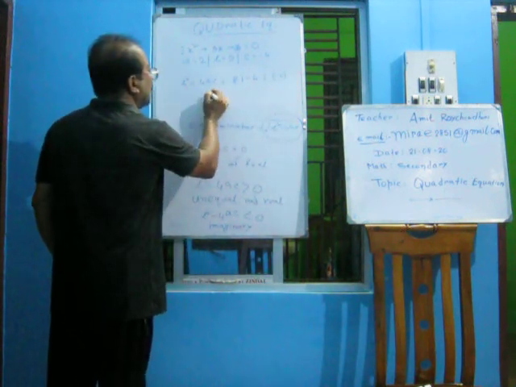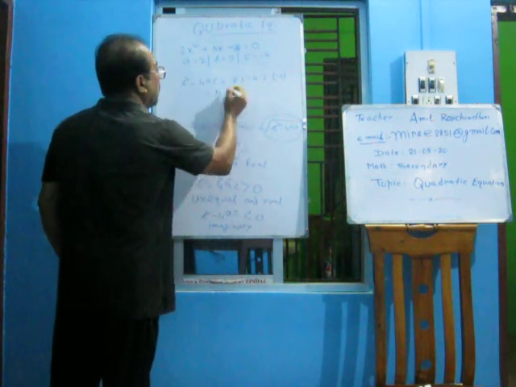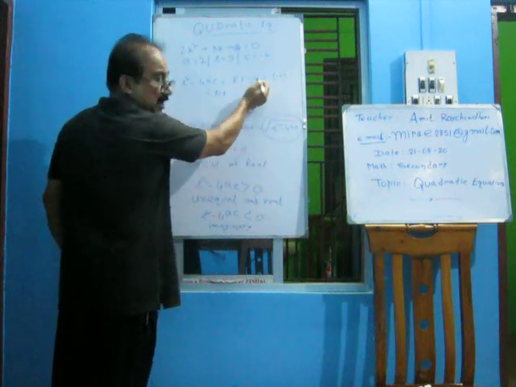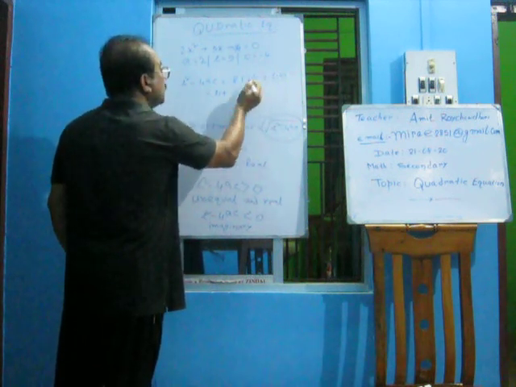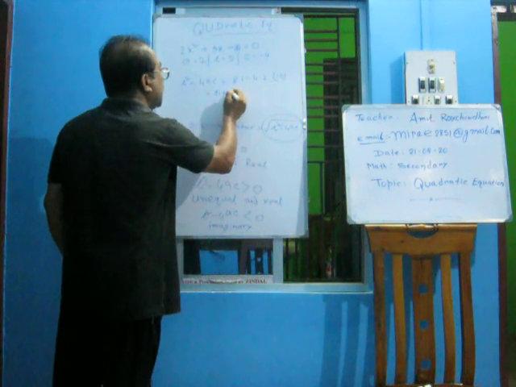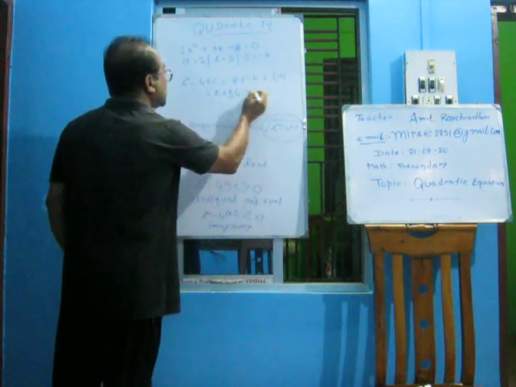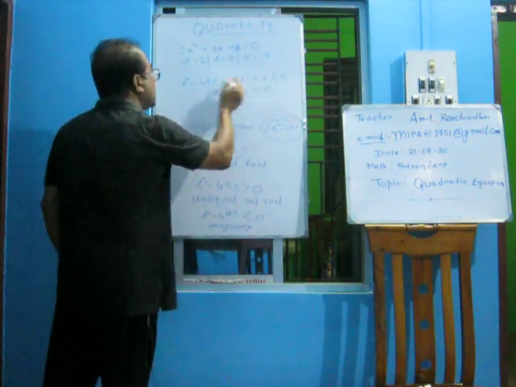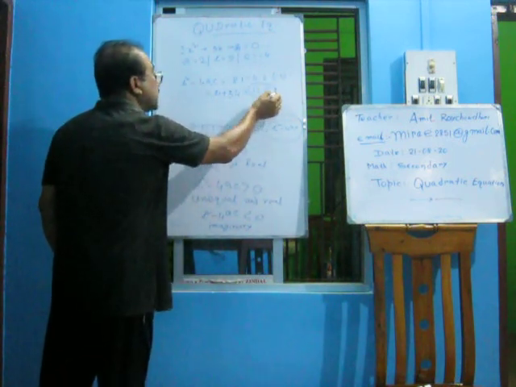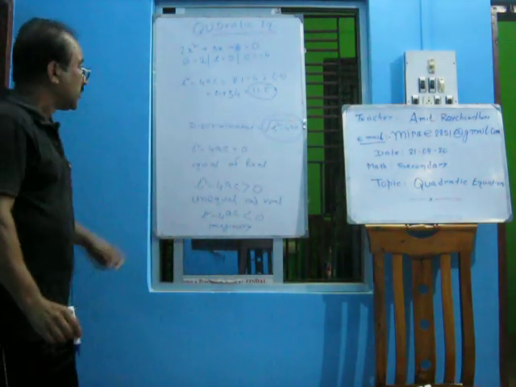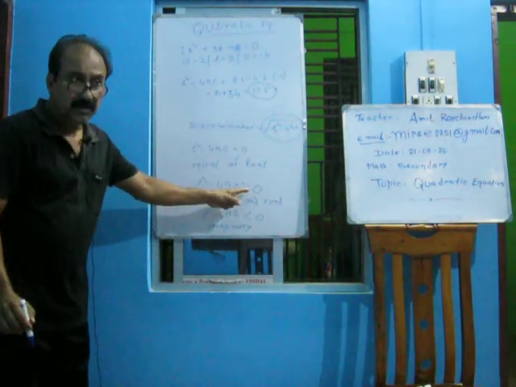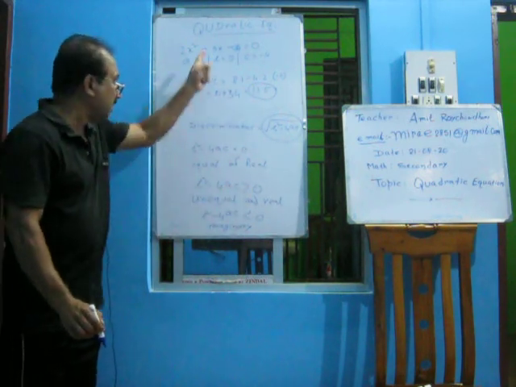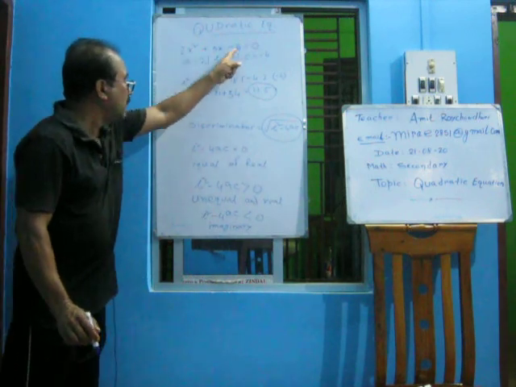So it is 81 plus 4 fours are 16 into 2, that means 32, so it comes as 113. Clearly, b square minus 4ac is giving me the result of 115. So 115 must be greater than 0.